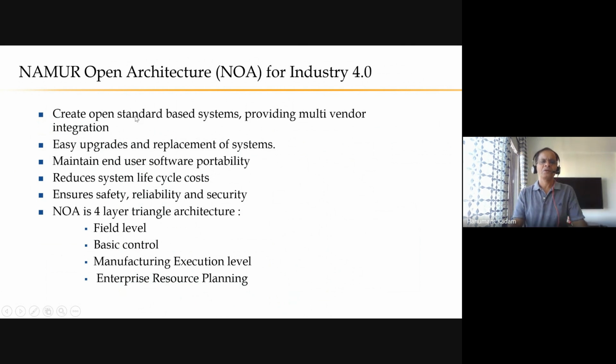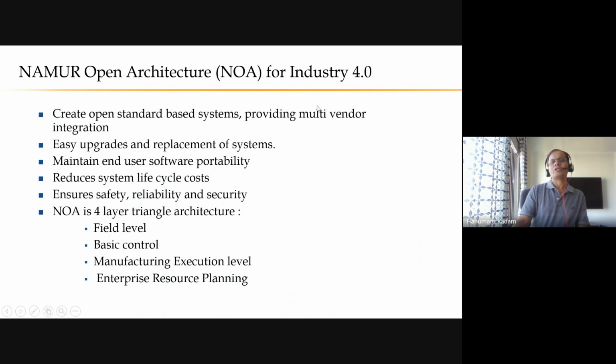So you can have an open standard. A new open standard, the Open Process Automation standard, has arrived. That is called NAMUR. So this always happens: when a new technology is launched, you will always find standards are prepared by manufacturers and regulatory compliance groups, all sitting together and forming standards. So NAMUR is one institution, and they have an open architecture, that is called NOA: N for NAMUR, O for open, A for architecture.